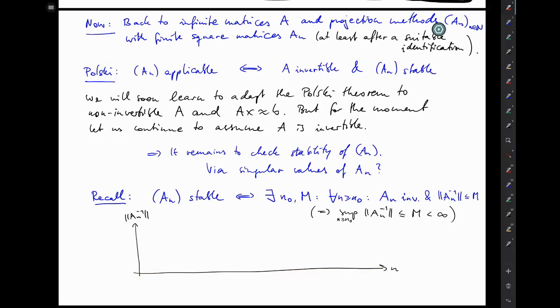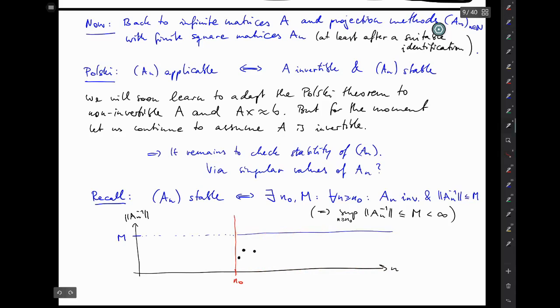So stability means there is an integer little n0 and an upper bound capital M, such that the part of our graph to the right of this red line remains below the blue line.